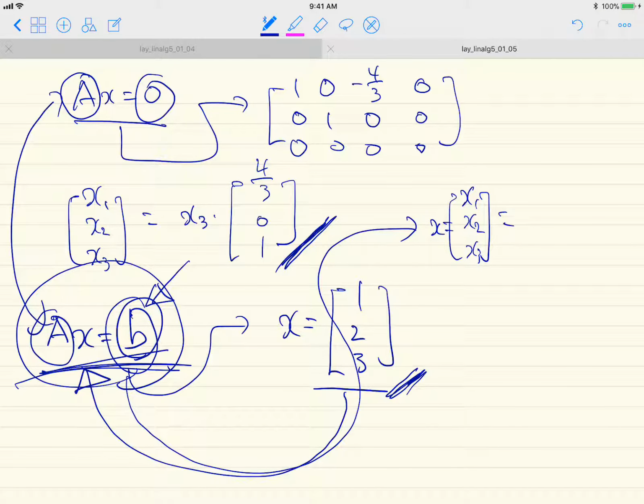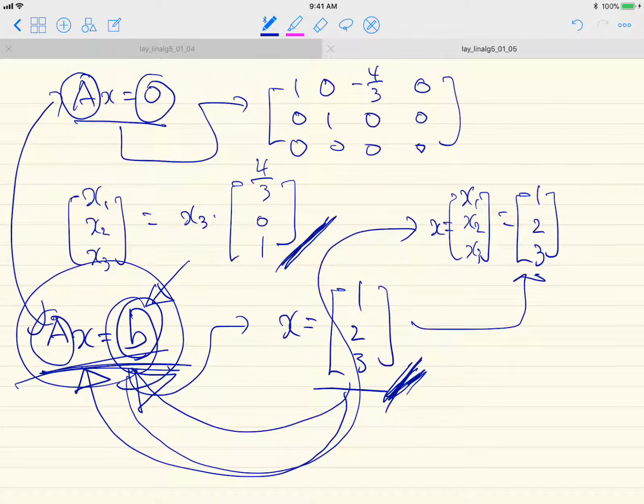The solution is really simple. I just specify one point that is given here. We don't know how this value was computed, but someone just gave you this particular solution that satisfies our linear system.